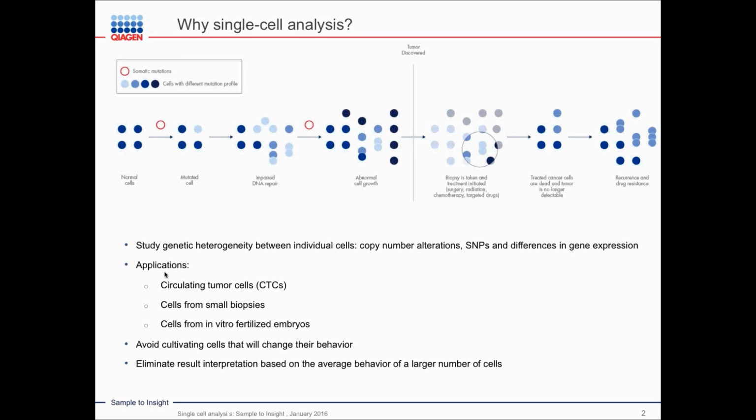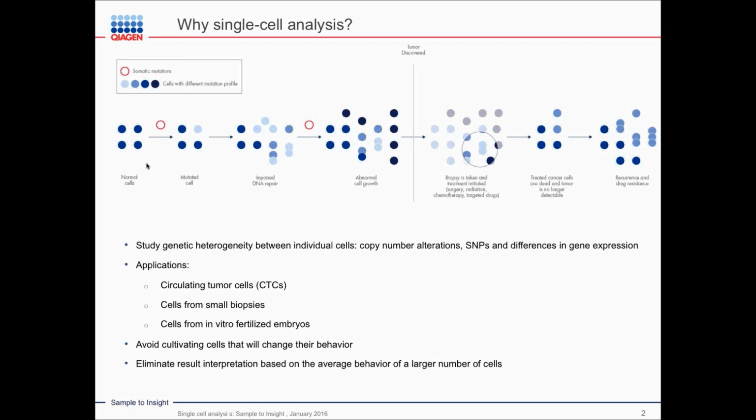And the same thing is true for cellular populations. If we're looking at a cellular population and we look at the average, we're going to get one kind of information. And if we're able to do more specific analysis of each of the individual types of cells, then we'll be able to get more specific information about those cells. This is particularly true when one is looking at the data from cancer cells.